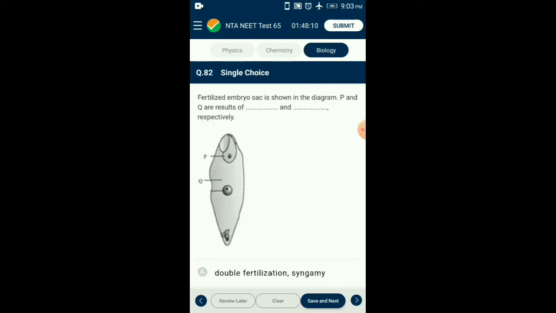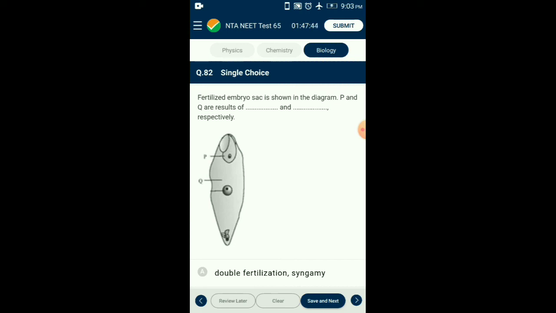Question number 82. Fertilized embryo sac is shown in the diagram. P and Q are the result of dash and dash respectively. The pollen tube releases the two male gametes into the cytoplasm of the synergid. Male gamete 1 and the egg cell fuse, called syngamy. The result of syngamy is the zygote.